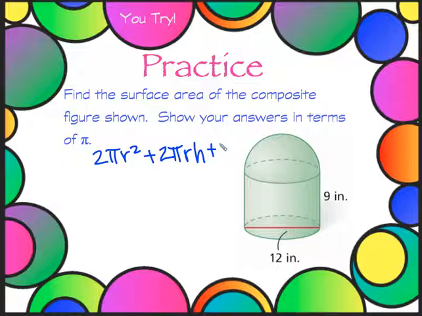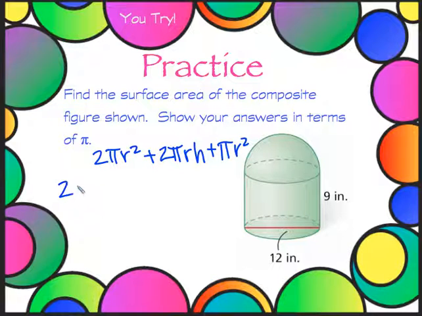It's 2 pi r h plus 2 pi r squared. But that 2 pi r squared is counting both bases. So since they're not both showing, what I would do is just change this to pi r squared. Now if that's too much for you, you can do the entire hemisphere, the entire cylinder, and just subtract that circle twice because you've double counted it and it shouldn't be there at all.